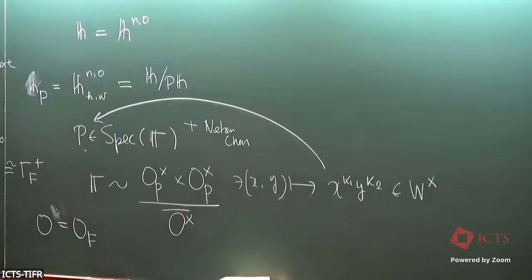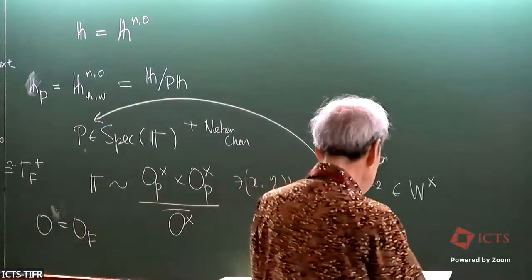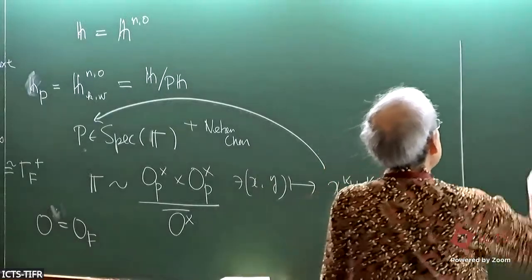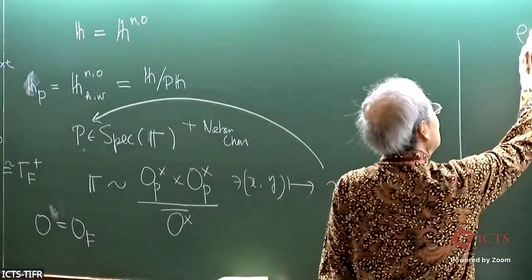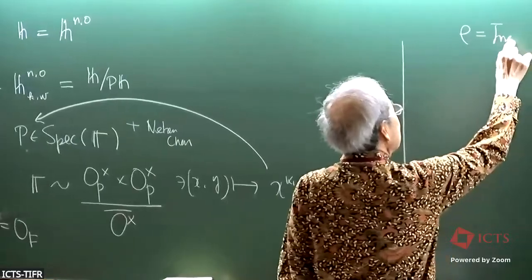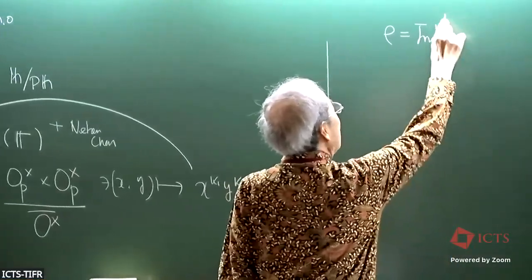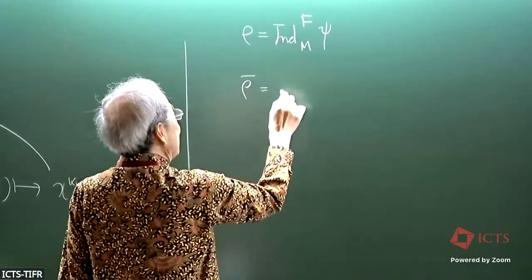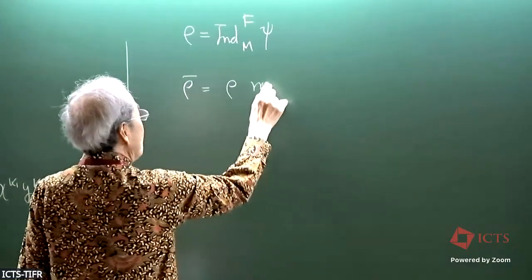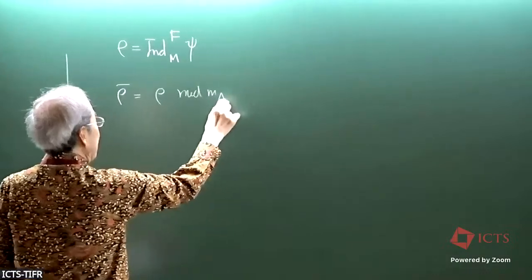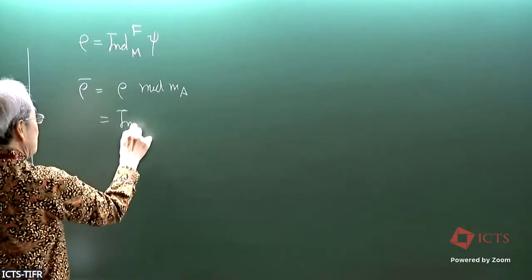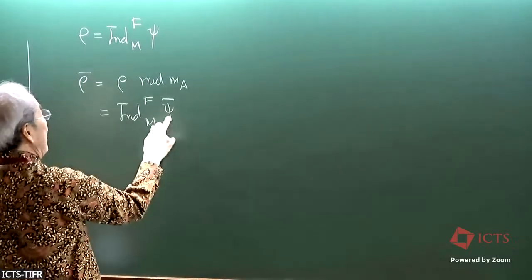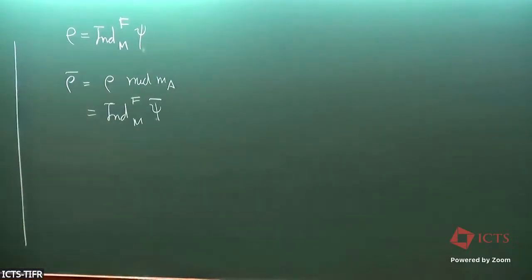And all right, then I consider the Taylor-Wiles representation to be the induced representation from M to F of this psi, and rho bar to be this one, rho modulo the maximal ideal. So it is induced from M to F, psi bar is the psi modulo the maximal ideal.